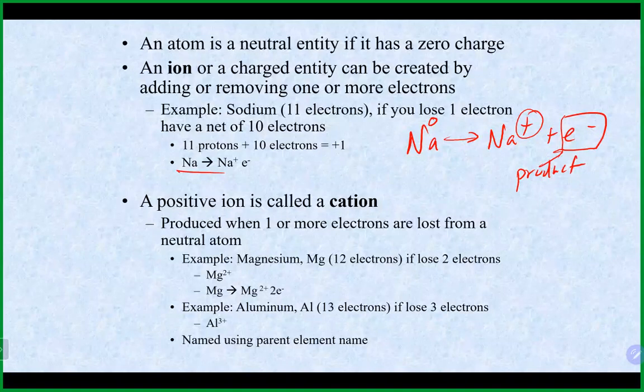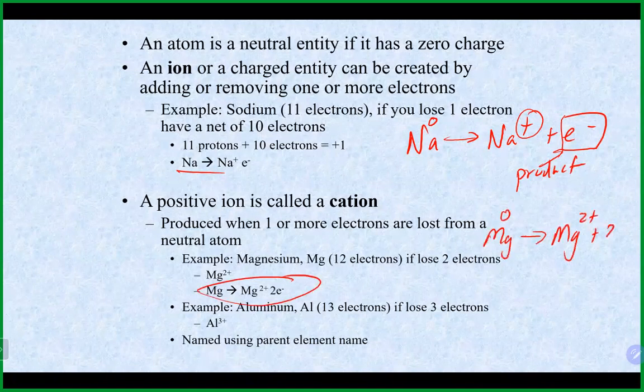Same thing with magnesium, as we see down here. Magnesium with no charge will then become magnesium with a +2 charge and lose 2 electrons. And again, we represent that by the electrons being put on the product side like they are being given off.